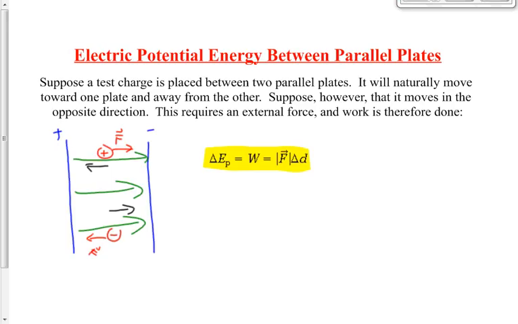The change in energy of these charges, whether it's caused by the electric field, or whether it's caused by the external force that I apply, is equal to the change in potential energy, whether it's a gain or a loss in potential energy. Right? That's not new. We just went through that.